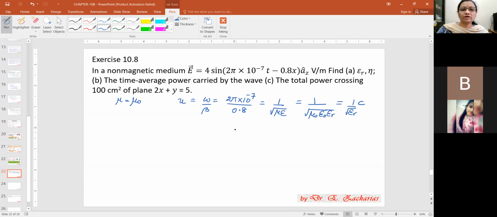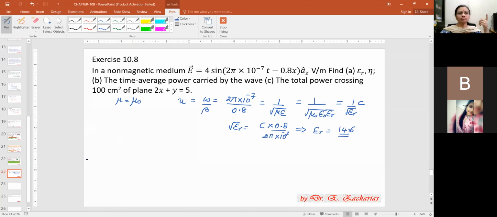So what will be my under root of epsilon r? Under root of epsilon r will therefore be equal to c into 0.8 divided by 2 pi into 10 to the power of minus 7. Okay, so that would imply that epsilon r is going to be equal to, I've done the calculation for epsilon r, it is 14.6. Okay, so that's the way you're getting epsilon r.